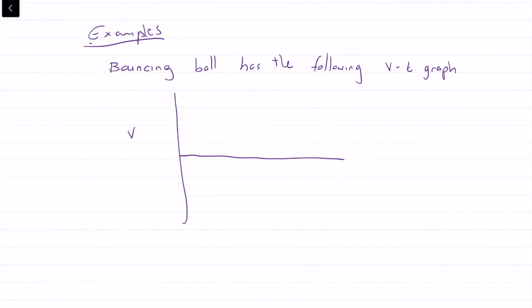We have velocity in meters per second, and time in seconds, and this is what the graph looks like. That's a bouncing ball, remember? So let's finish the graph. Right here, let's say this is 10, and let's say this velocity right here is 5.